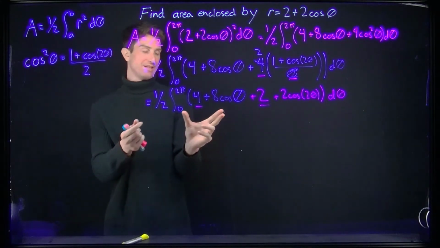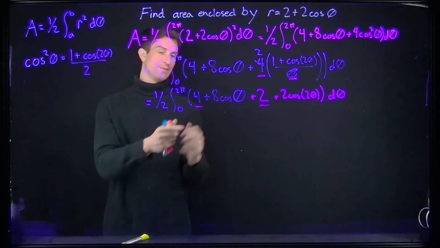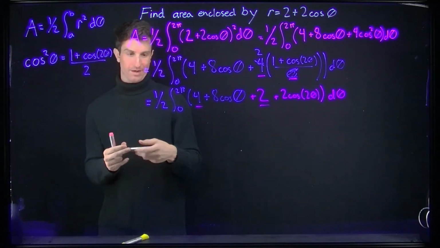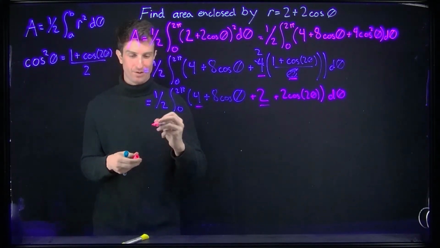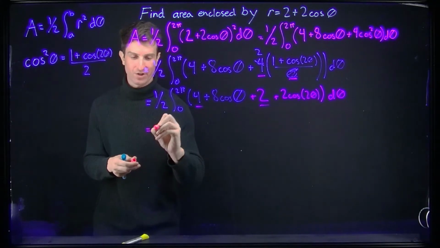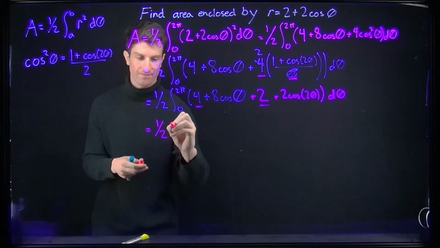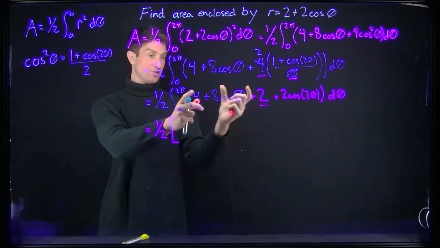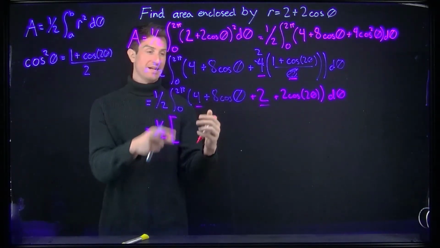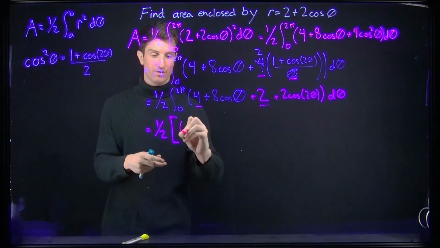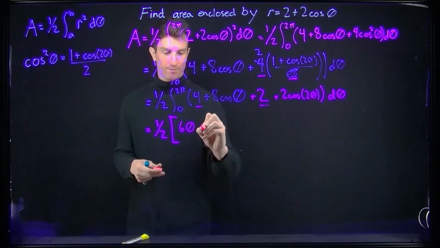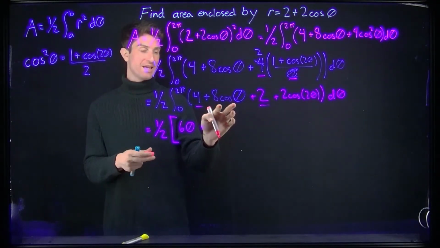Now, same thing as the last example. I'm not going to take a whole step to combine the 4 and the 2. We'll just assume that we can do that in one step, but I will say it out loud as we do the step here. So we're going to actually do the integration. We have the 1/2. We'll put this in a box. We have 4 plus 2, which is 6. The antiderivative of 6 with respect to theta will be 6 theta. Plus, where does a positive 8 cosine come from?